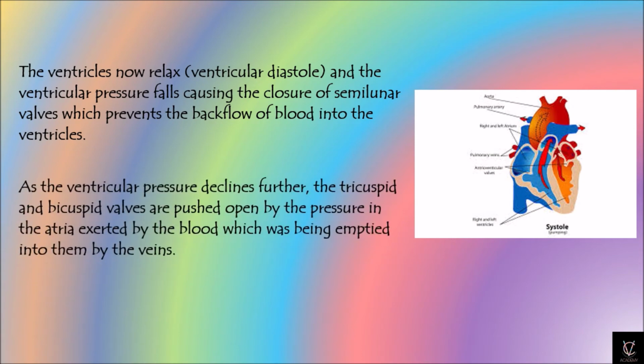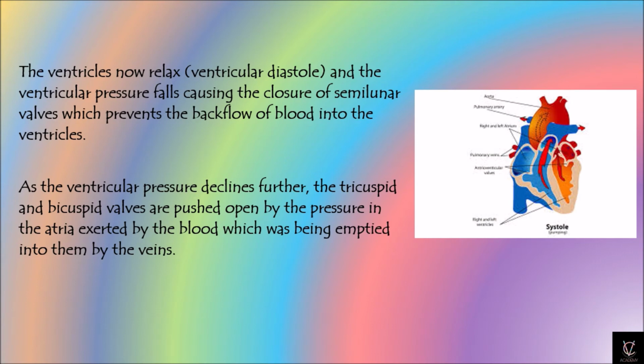As the ventricular pressure declines further, the tricuspid and bicuspid valves are pushed open by the pressure exerted by the blood entering into the atria, which are being emptied by the veins pushing the blood into them.